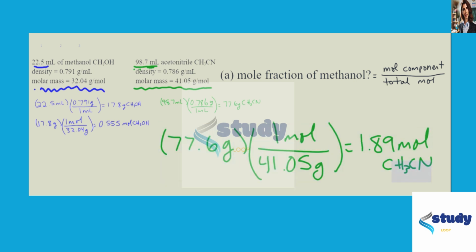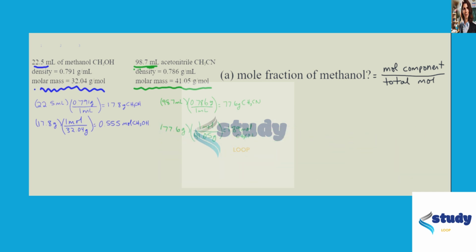Okay, how does this information help us? Well, like we said, the mole fraction is given by the moles of the component. So that's the moles of methanol. So we've got moles of methanol, 0.555 moles, divided by the total number of moles.